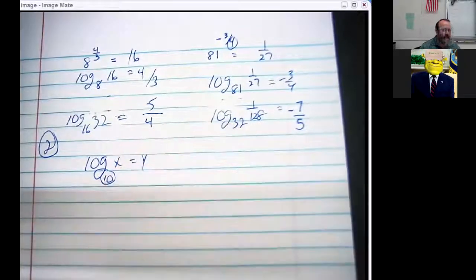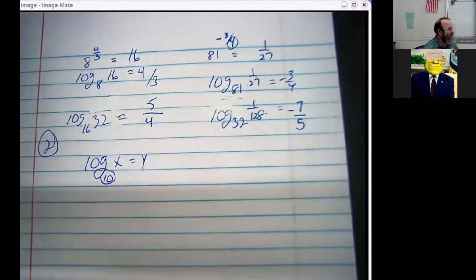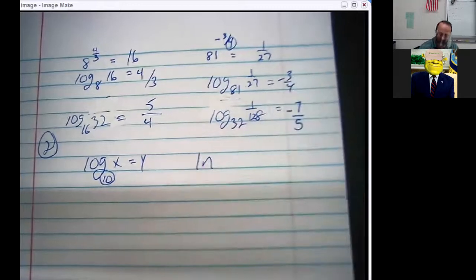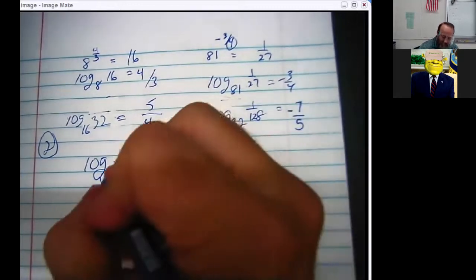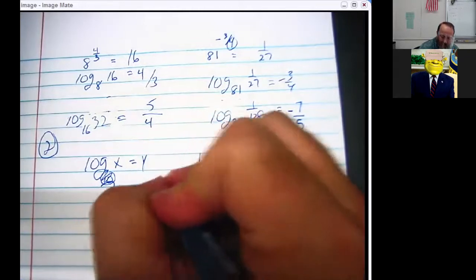This is the one place in life where an unwritten value automatically is the number 10. Usually an unwritten number is the 1, right? But a square root, if we don't write anything in the little hole, it was a 2, right? So we have some unwritten rules here and there, but logs should be base 10. However, if they say log of x is y, that means x is 10 to the y power.